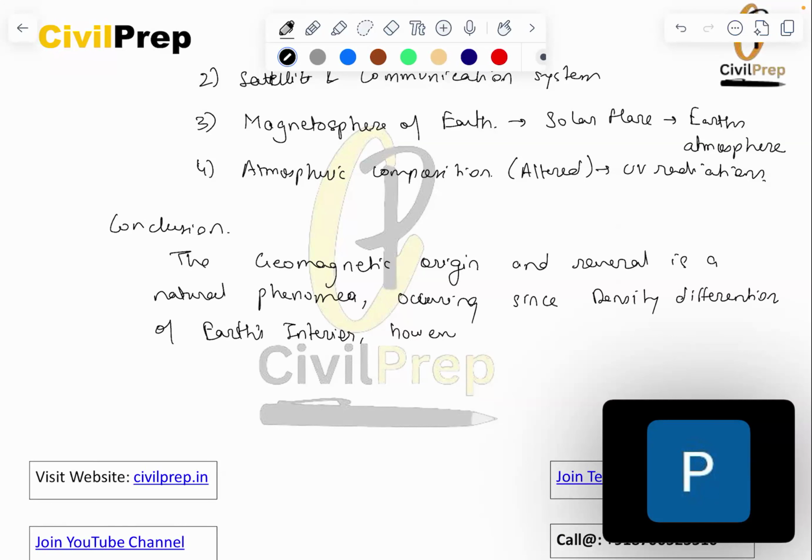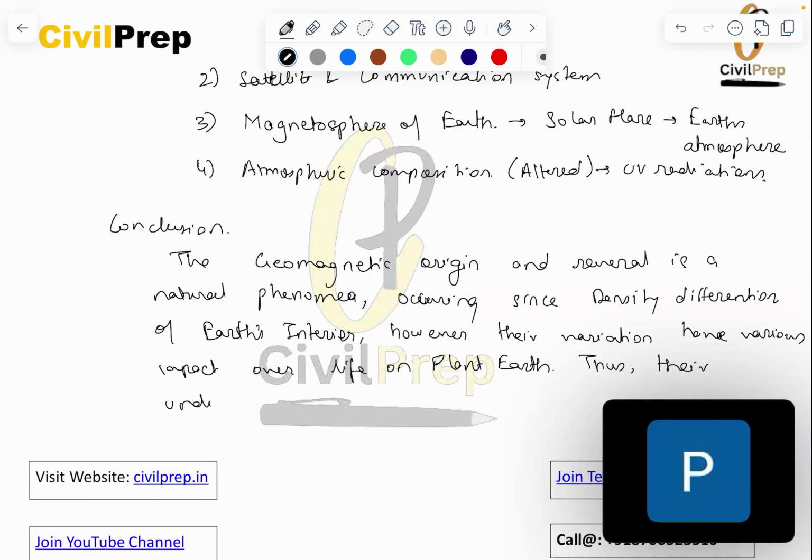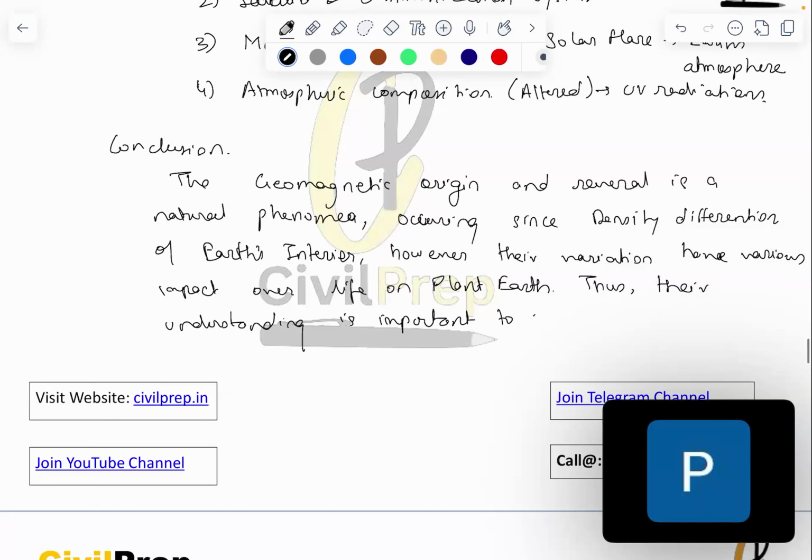However, the variations have various impacts on life on planet Earth. Thus, their understanding is important to sustain life on Earth.